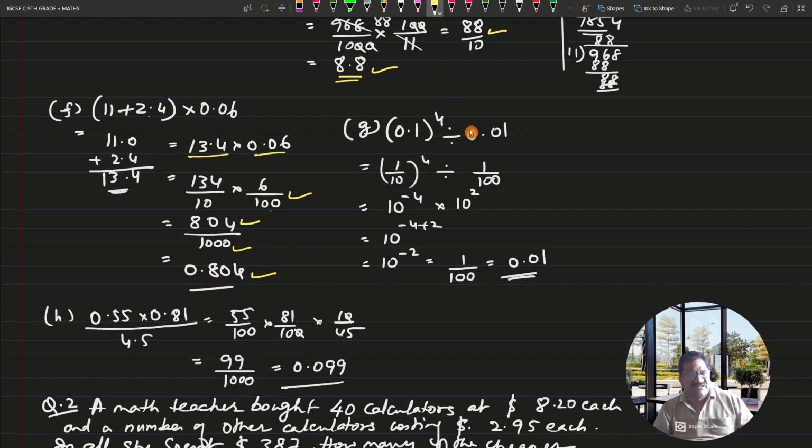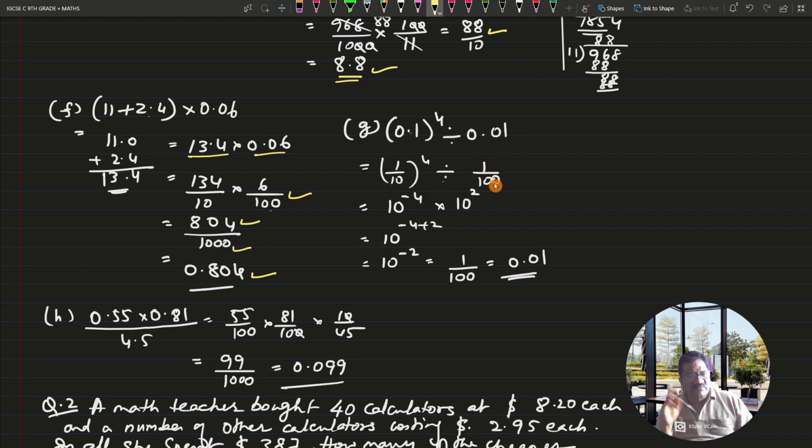Now the G part of the question is (0.1) whole raised to 4 divided by 0.01. First, this 0.1, I am going to write as 1 upon 10, whole raised to 4, divided by this 0.01, which I am going to write as 1 upon 100.